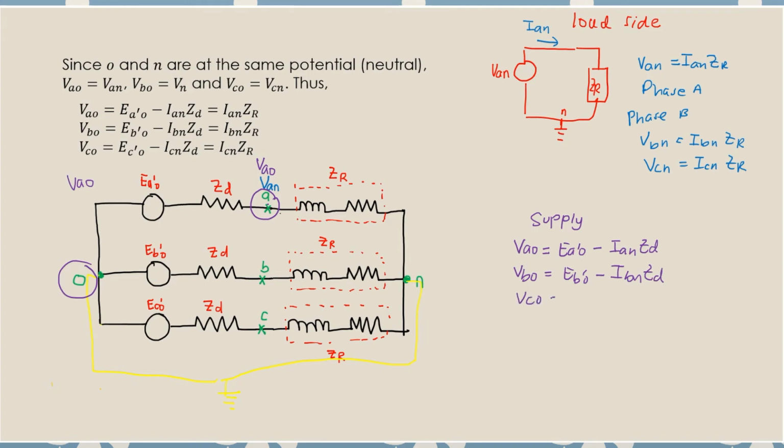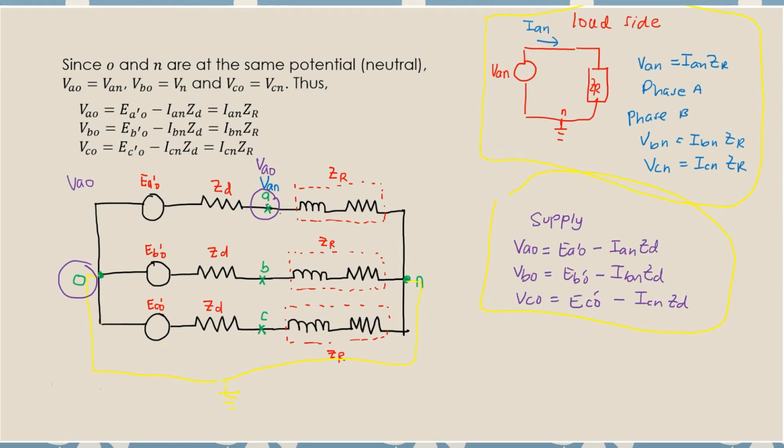For phase C, VCO is EC0 minus ICN ZD. So that is for the supply, and this is for the load.